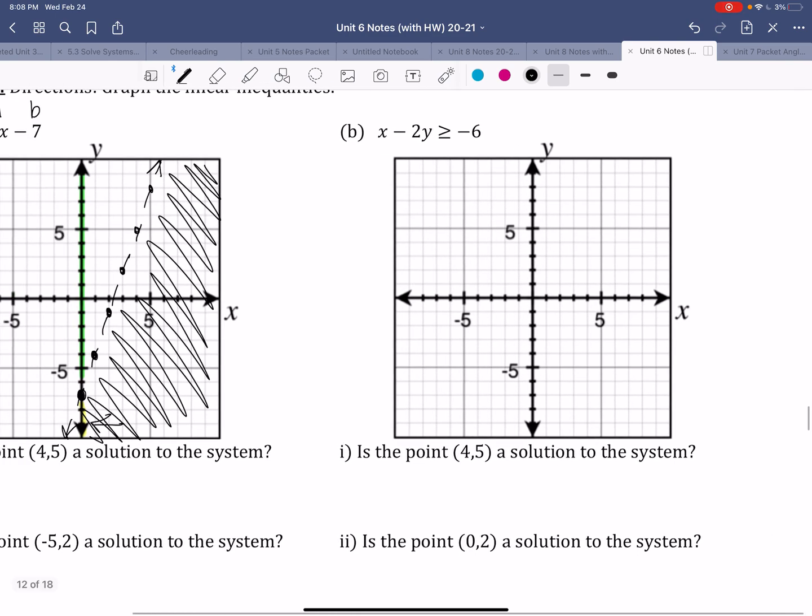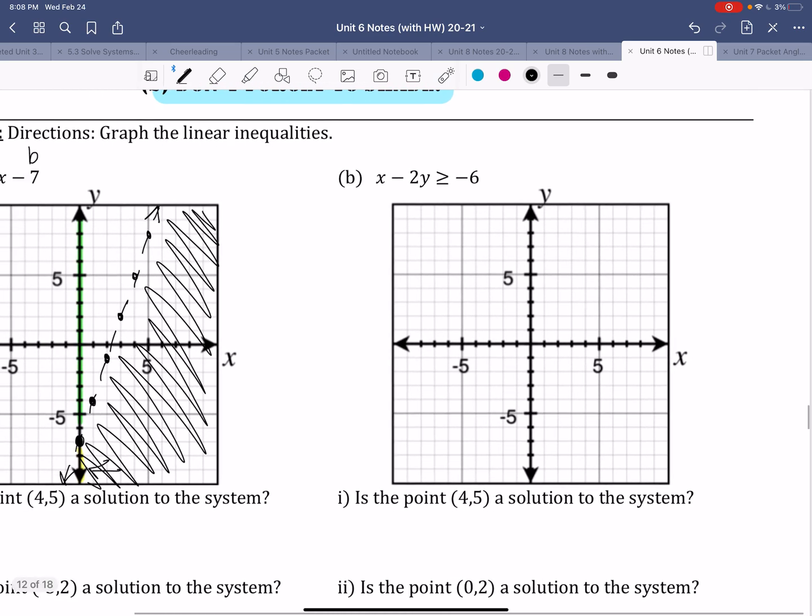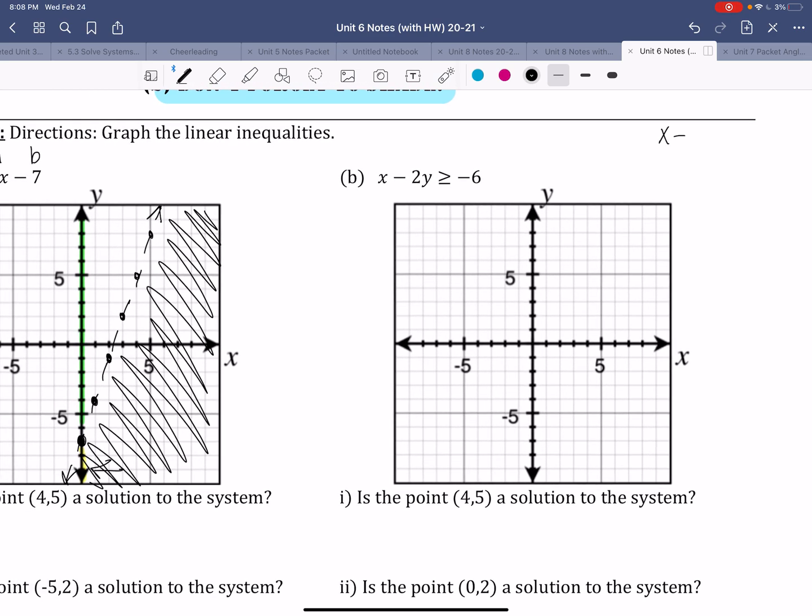Now for b, I'm going to have to solve this for y first. So I'm going to copy this over. X minus 2y is greater than or equal to negative 6. So I'm going to subtract x from both sides. I have negative 2y is greater than or equal to negative x minus 6. And then to get y by itself, I divide by negative 2, and I'm dividing everything by negative 2.